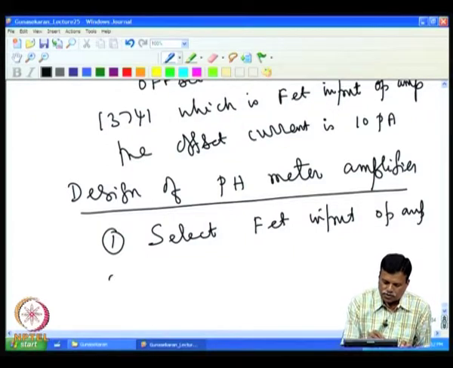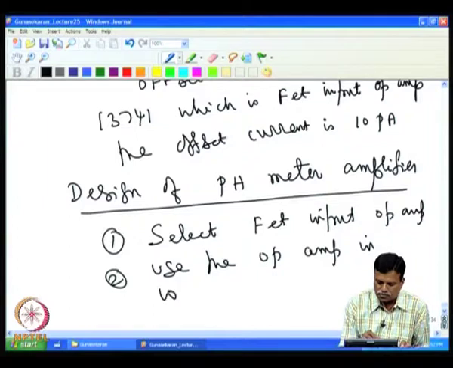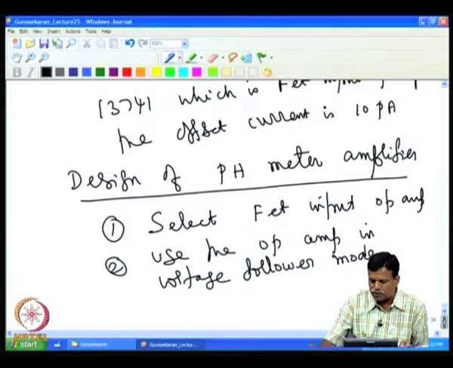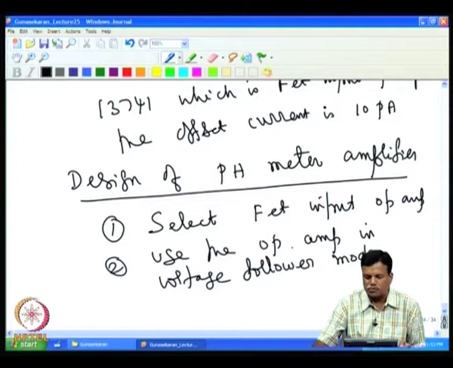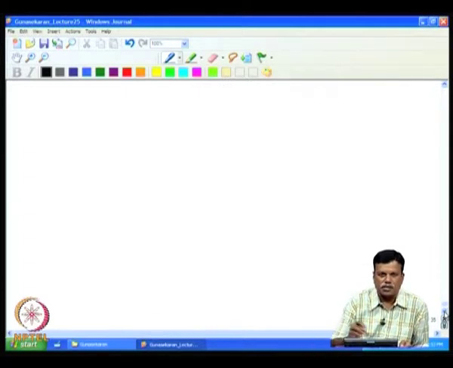The second is to use the op amp in voltage follower mode. Why one has to use voltage follower mode in the case of a pH meter, we will explain a little later.